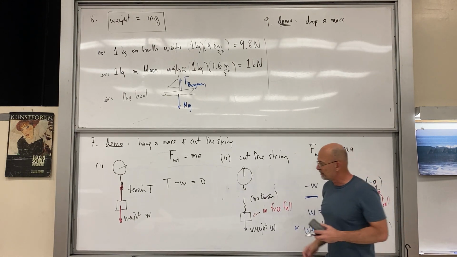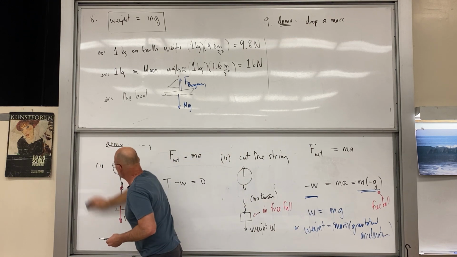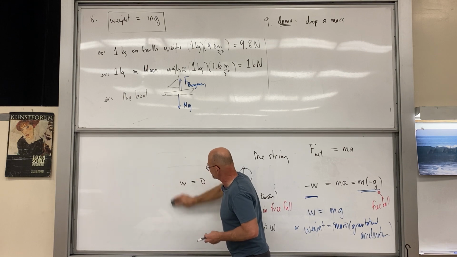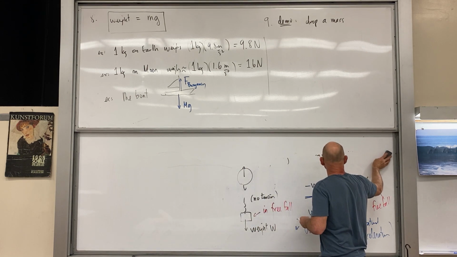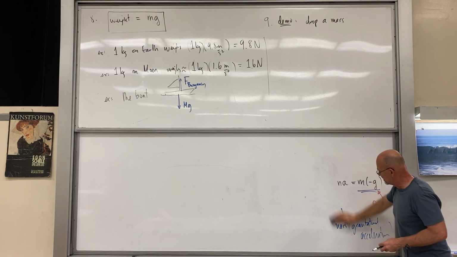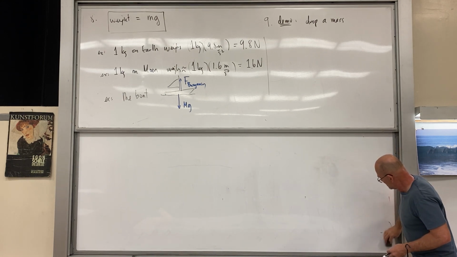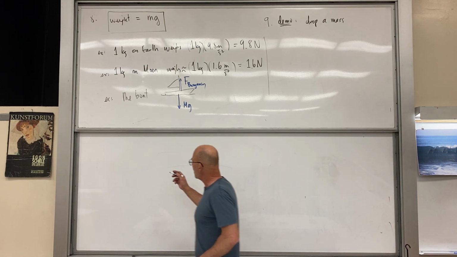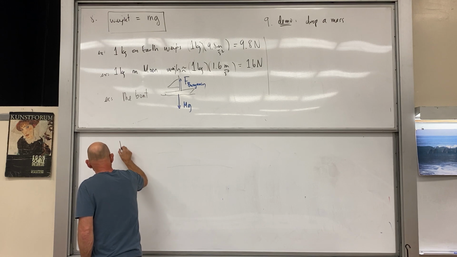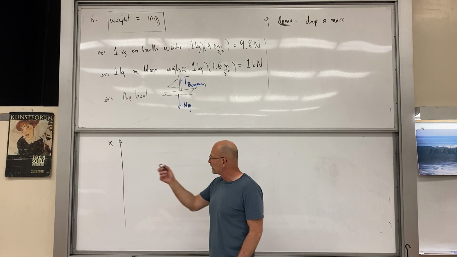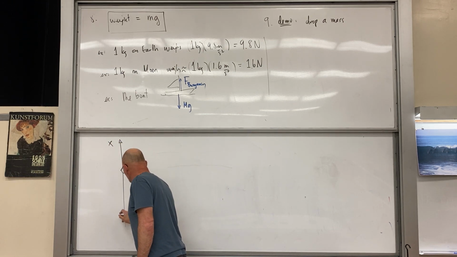So we're continuing with point 9 here. Okay, I'm going to talk about dropping this mass. What I want to do is have a vertical x-axis now, so we're measuring it in meters, and this will be the 0 level.